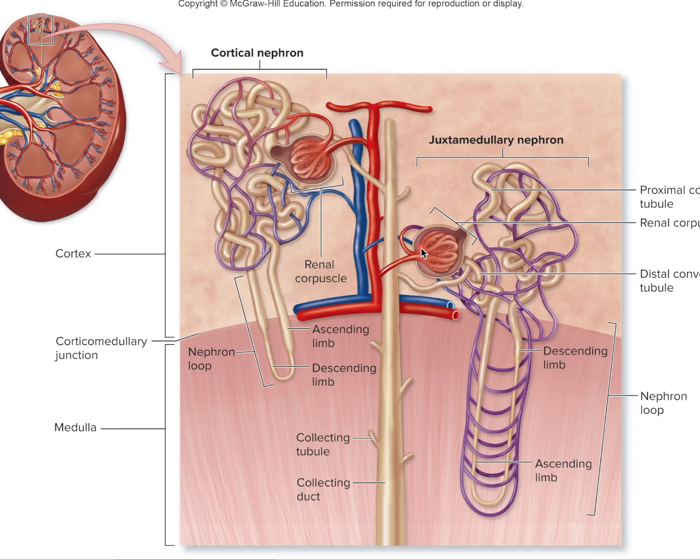And at that point, it's called the visceral layer of the glomerular capsule. And it's basically composed of those podocytes that are the little cells that are going to help also regulate what molecules are able to pass through the glomerulus.